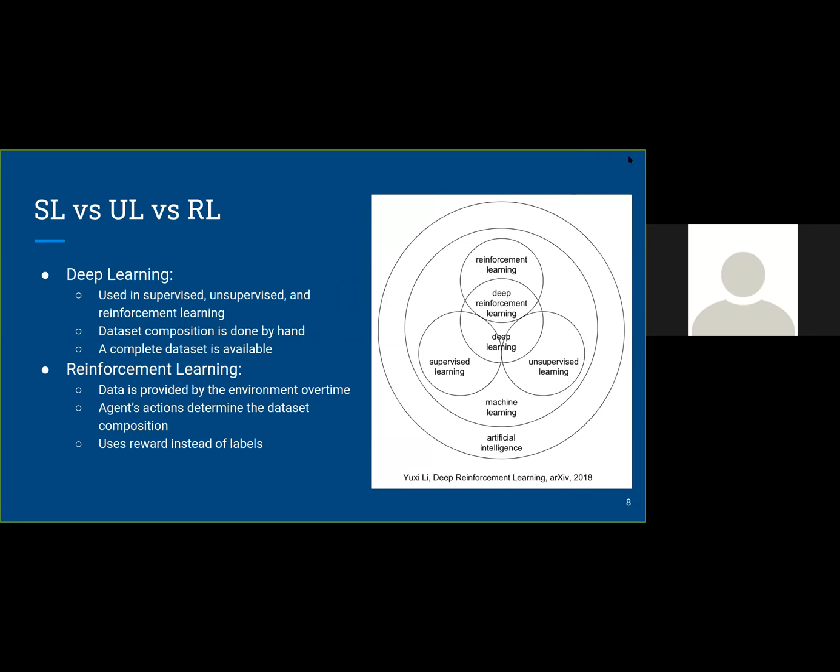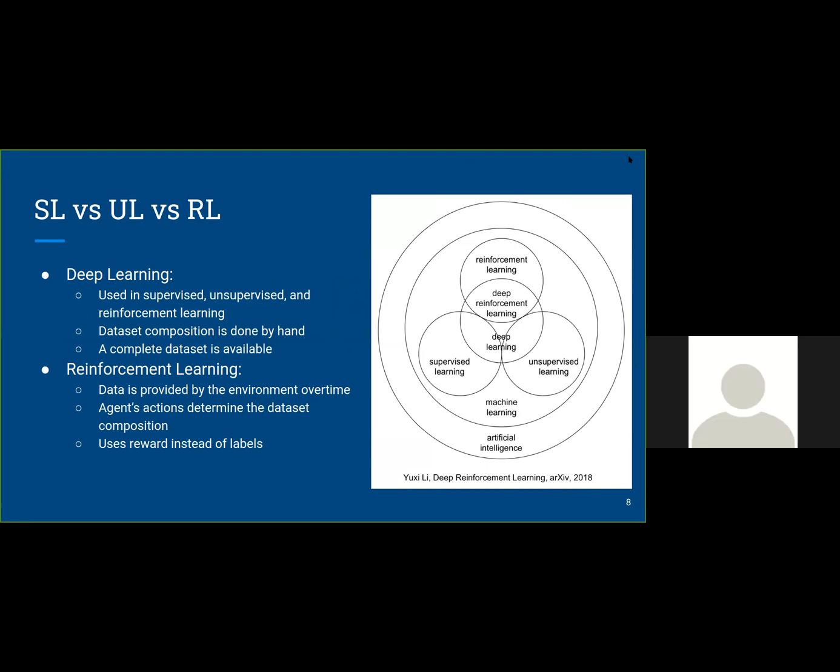Could you please repeat that? Basically in supervised and unsupervised learning, we usually have this complete data set that we can train on. And in reinforcement learning, the interaction of our agent with the environment will determine what sort of information we know about the environment.